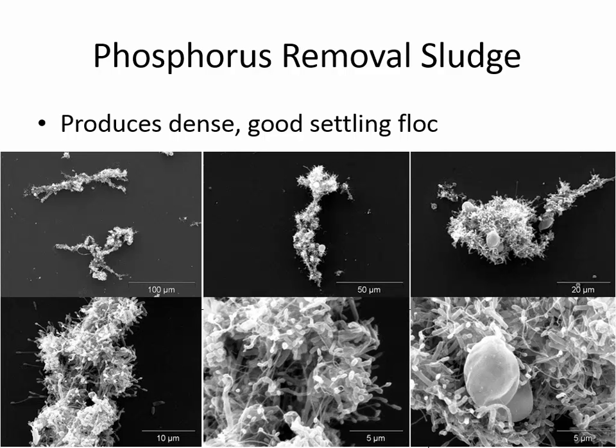Sometimes the sludge particles are very small, the floc isn't very big, and you'll remember when we were doing settling velocities that the bigger the diameter of the particle, the faster it falls through the liquid. So big particles settle quickly, small particles settle slowly. And so one of the advantages of removing phosphorus is that the sludge that forms has a big diameter, which means it settles very easily.